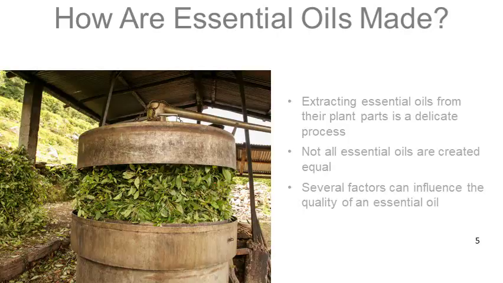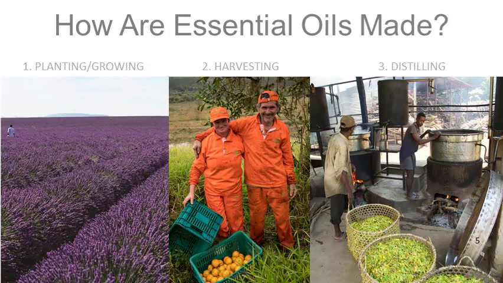Because there are so many uncontrollable factors when it comes to growing plants and producing essential oils, it is important to employ planning and precision when it comes to the controllable factors of this delicate process. Now let's discuss the actual process by which essential oils are made, from planting and growing to harvesting and distilling.